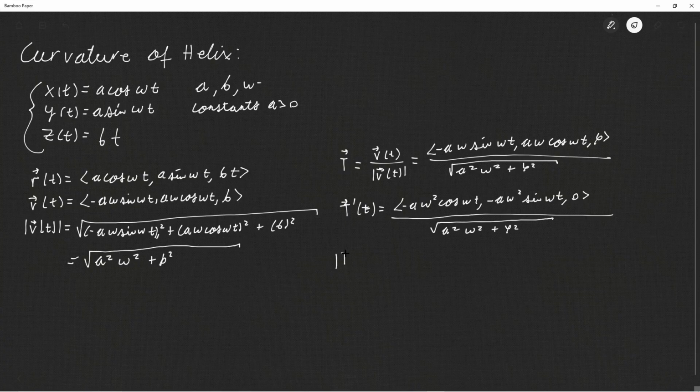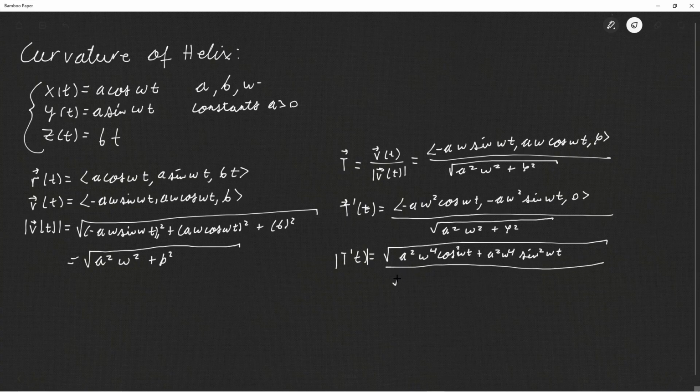So our magnitude of T prime of t is going to be equal to the square root of a squared omega to the 4 cosine squared omega t plus a squared omega to the 4 sine squared omega t divided by our a squared omega squared plus rho squared.